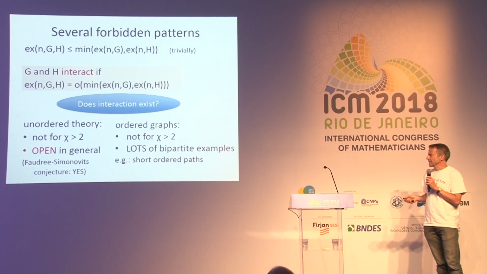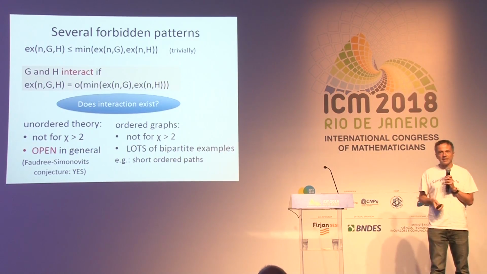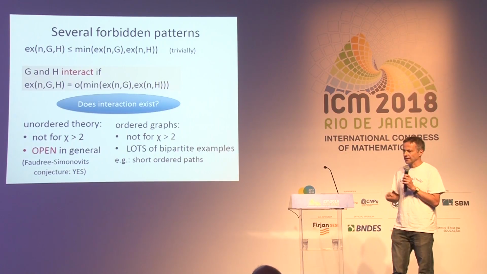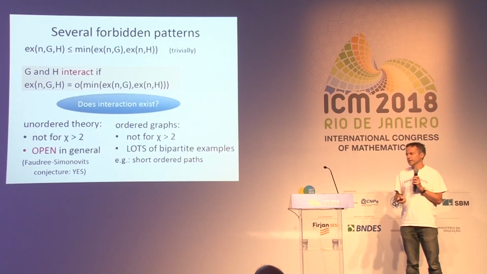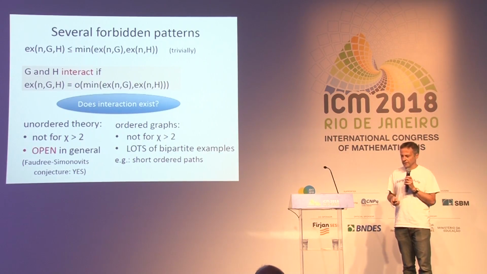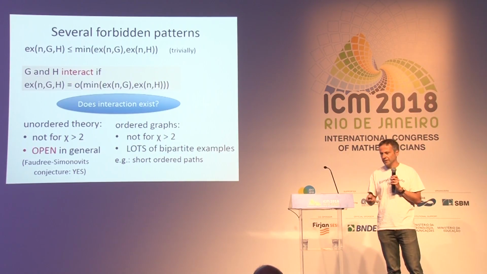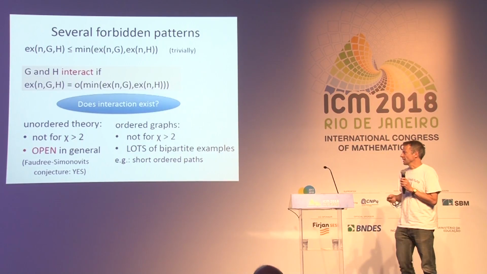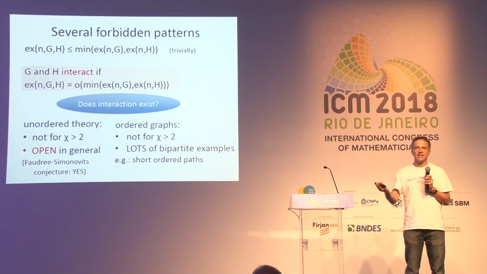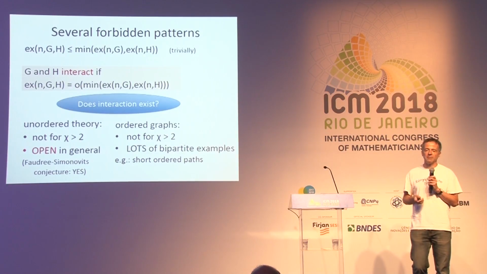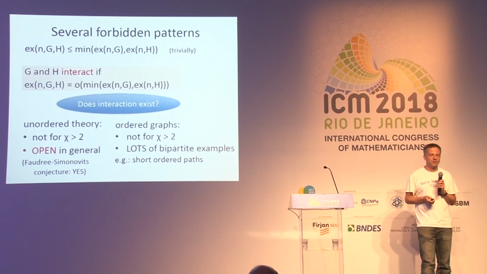But for bipartite graphs, even the simplest bipartite graphs, paths of length 3, there are lots of interesting interactions with very interesting extremal functions coming up, like n times log n. We take two graphs that each have n log n as the extremal function.